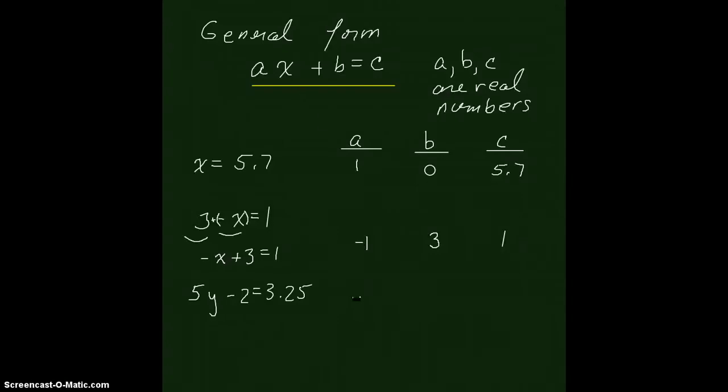Even though in the general form we use x, it's really just denoting that there's a variable there. So in this equation, the variable is y. What's in front of the y? The a is 5. Now what am I adding? I'm going to plus b, but again, we've practiced this. This is actually plus a negative 2. So in this case, b is negative 2, and c is 3.25.